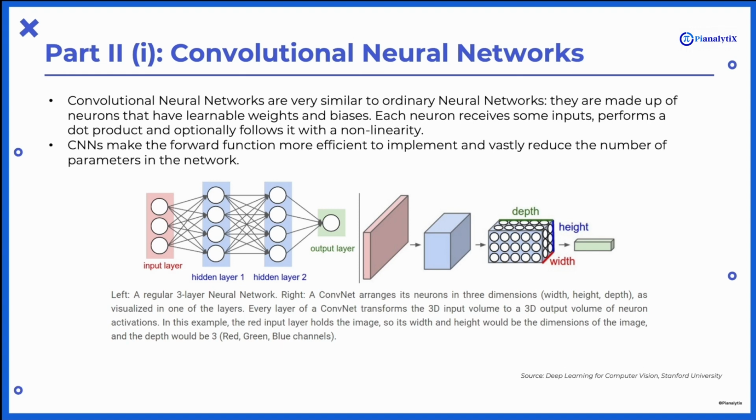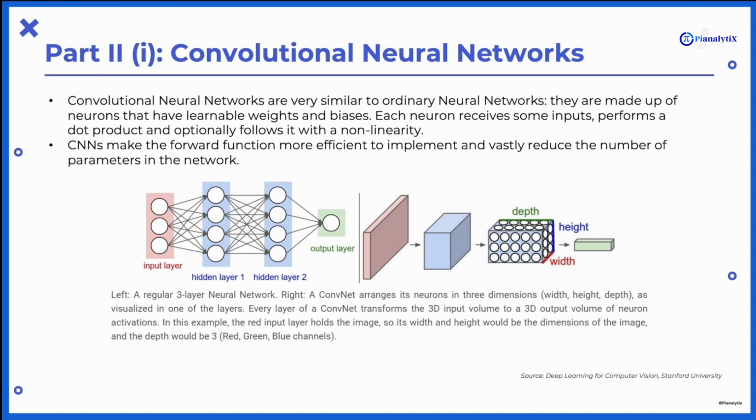Using convolutional neural networks, we can reduce the number of weights and the number of neurons that we need to learn the features of the image. In this image shown here, the left-hand side shows a regular 3-layer neural network with 3 inputs, 2 hidden layers, and 1 output.